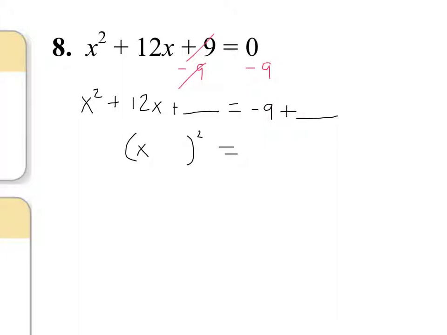So, how do I find what goes here? I take that b term, which is 12, and cut it in half. Half of that is a positive 6. Now, how do I find what goes in our 2 spots here and here? I'm hearing people whisper it.